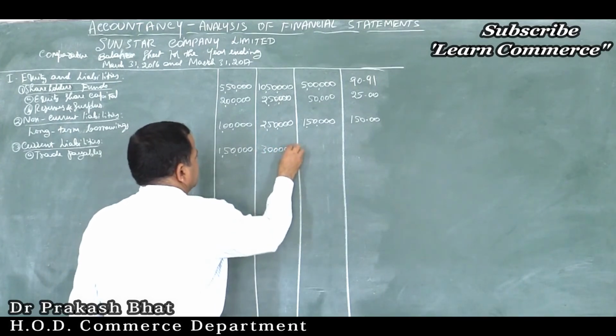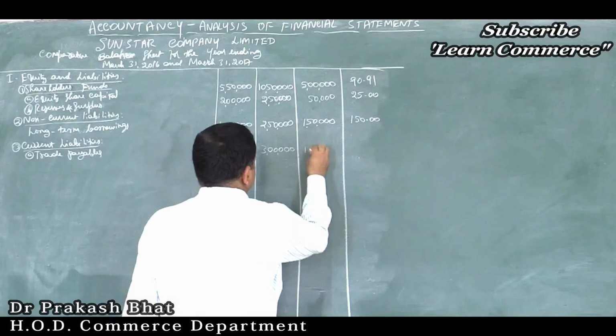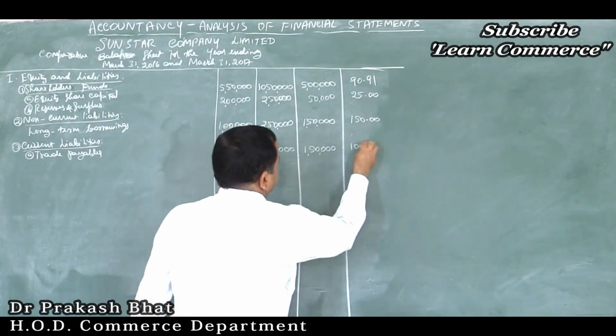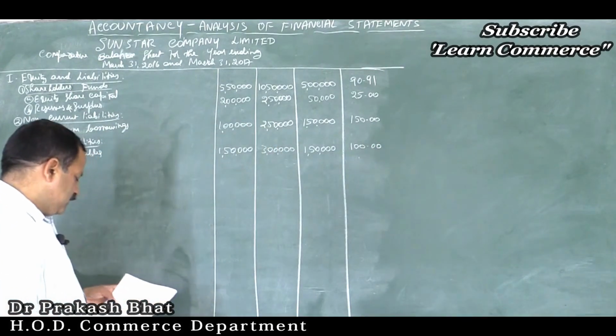So there is an increase of 100%. Am I correct? 1,50,000 increase, which means 100%. Just doubled, right? That's all.